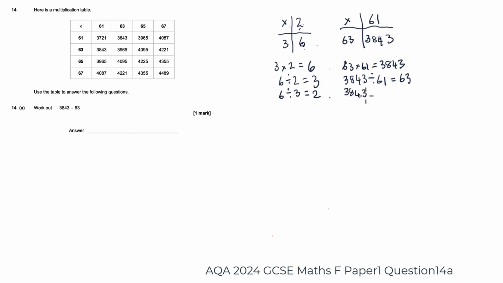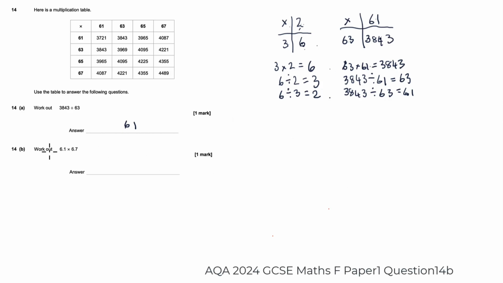So there's another 2 ways of writing the fact that 63 times 61 is 3,843. Now, when asked to do the divide by 63, the answer will be 61, as you can see from all this working.